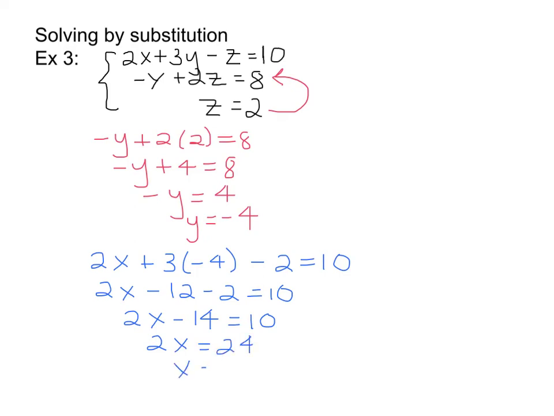And then when you divide by 2, you find that x is 12. So now the answer to this problem is 12, negative 4, 2. Remember, x, y, and z. And a problem like this is going to be the only time we use substitution because we can easily get all of our answers.